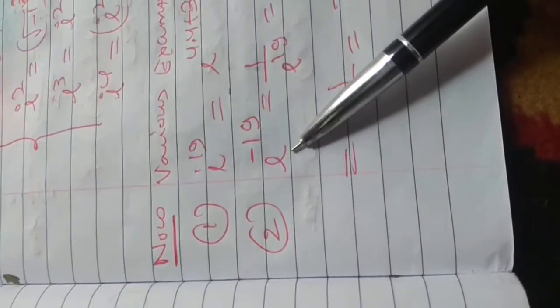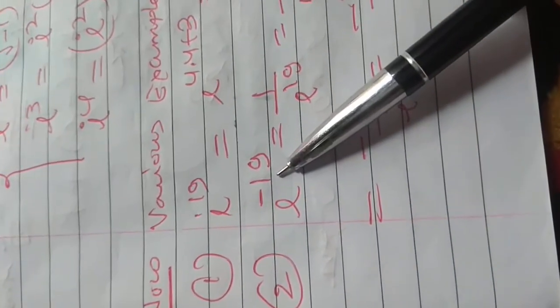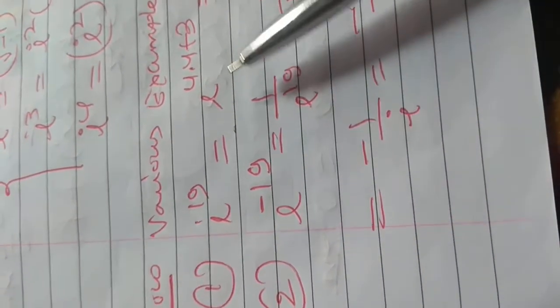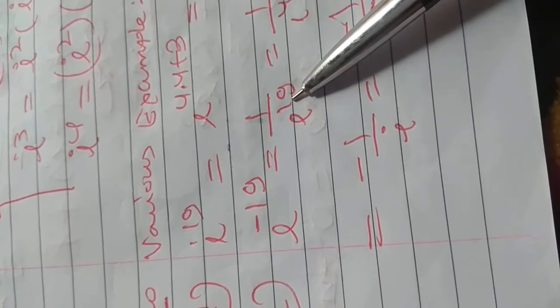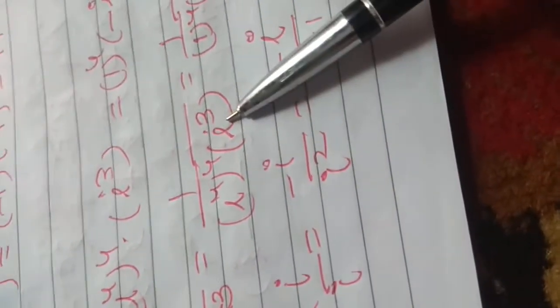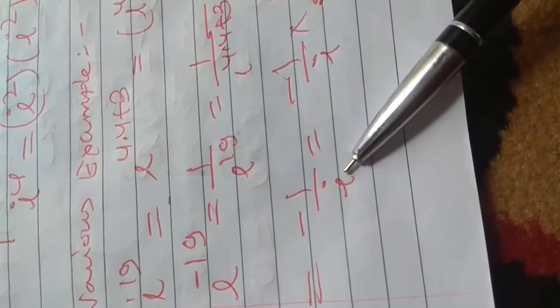Next example is iota to the power minus 19. First we make it a positive power, so we can write it as 1 upon iota to the power 19. Iota to the power 19 is again written as iota 4 into 4 plus 3. Separating the power, iota 4 whole 4 into i cube. Iota 4 is 1 and iota cube is minus i. So we get 1 to the power 4 into minus i. Finally we get 1 upon minus i. Since i is an imaginary number, it cannot be written in the denominator.